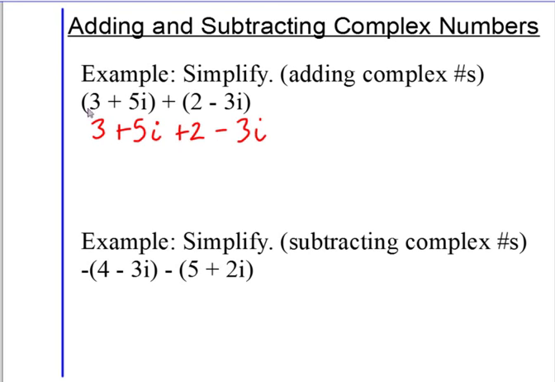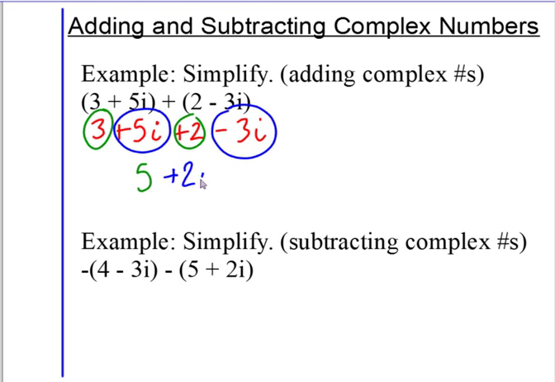So dropping the parentheses is okay for addition. So my like terms in this problem would be 3 and 2, which makes 5. My other like terms would be a positive 5i and a negative 3i. Positive 5 minus 3 gives me a positive 2i. So this is my answer, 5 plus 2i.